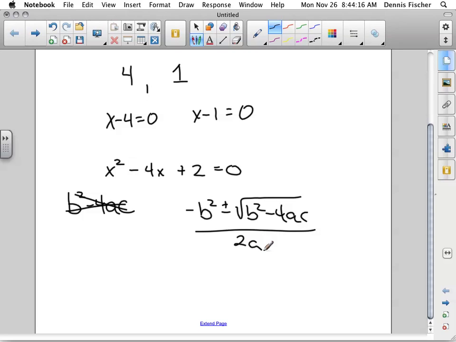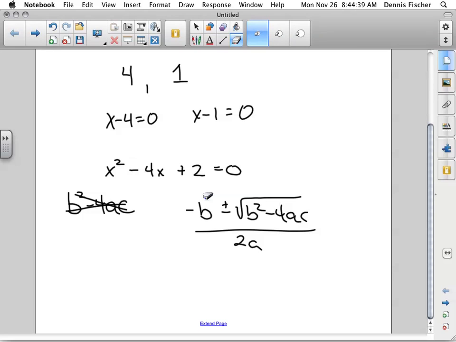I saw a lot of people doing that one. That's not the quadratic, because that first term is not squared. A lot of people were putting a square right here. It's negative b plus or minus the square root of b squared minus 4ac over 2a. Not b squared.